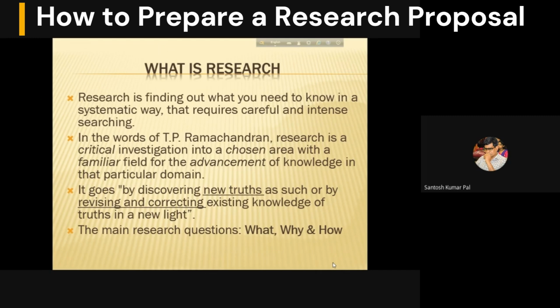There are so many theories, so many concepts available in a particular domain I have chosen in philosophy, and we find that in a particular domain there is a research gap, or there is some misrepresentation, misinterpretation. I would like to revise or correct that particular point of knowledge. So it may come either as discovering new truths, or by revising and correcting existing knowledge of truths in a new light.